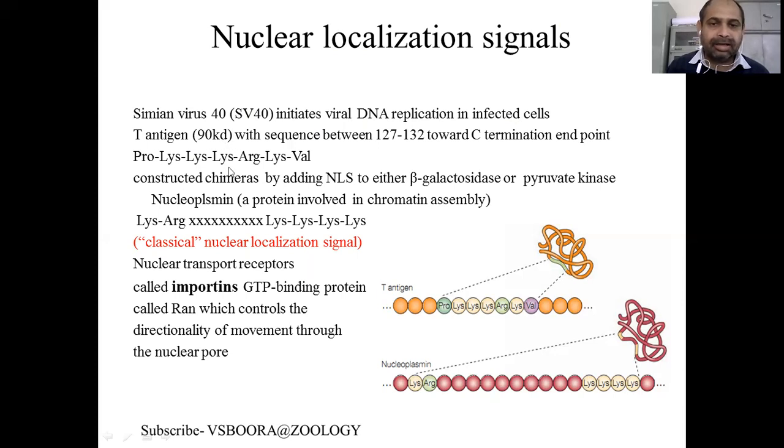If there is any modification or mutation in such a sequence, the protein remains in the cytoplasm and cannot be transported toward the nucleoplasm. If we construct a chimeric protein by adding this sequence to either beta galactosidase or pyruvate kinase, these proteins are transported into the nucleoplasm.